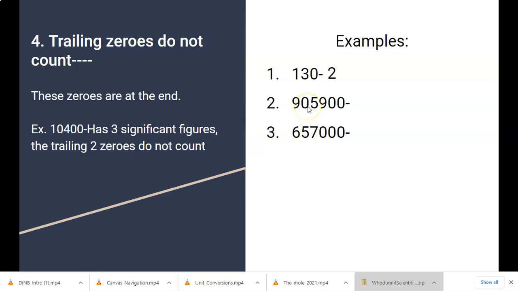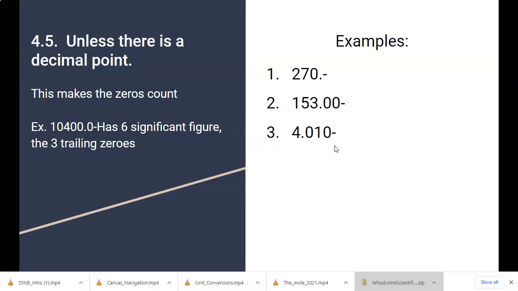I have a trapped zero that counts, but I have 2 trailing zeros that don't count, so my answer is 4. And then finally, I have 6, 5, 7, 0, 0, 0. My first 3 numbers are significant because they are non-zero numbers. My last 3 are not significant, so I only have 3 significant figures.